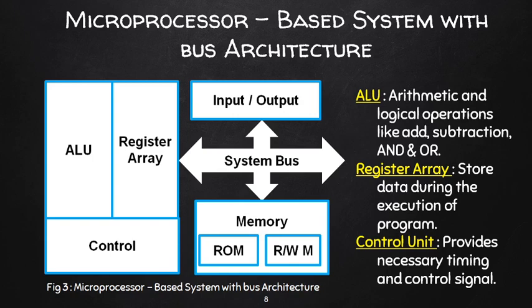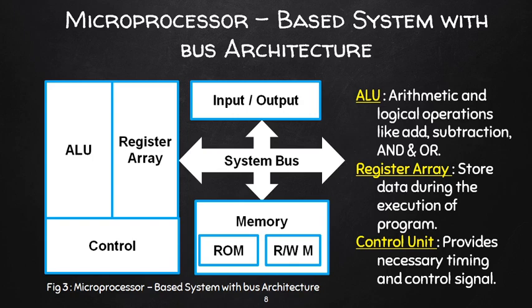The register array of the microprocessor consists of various registers identified by letters such as B, C, D, E, H and L, which we will see in detail while learning the architecture of the microprocessor. These registers are used to store data temporarily during the execution of a program and are accessible to the user in instructions.